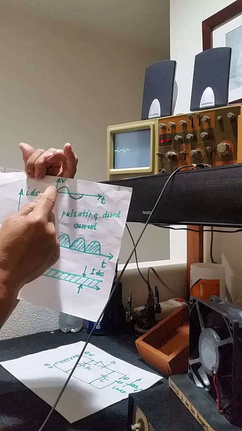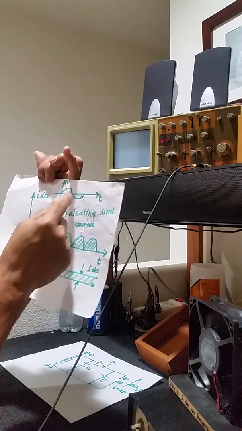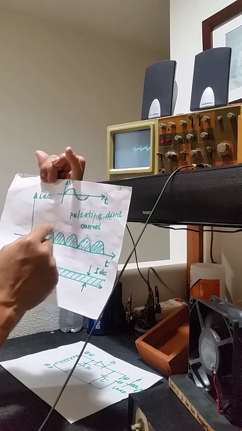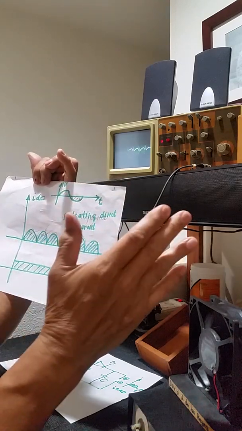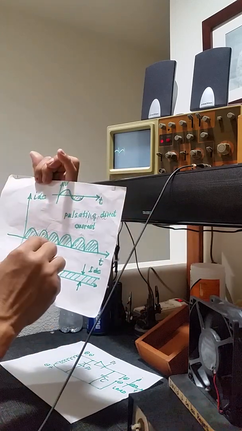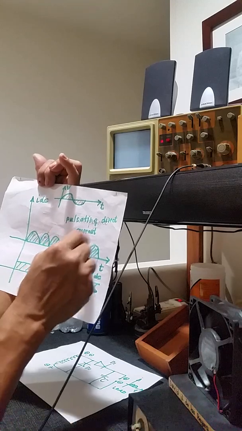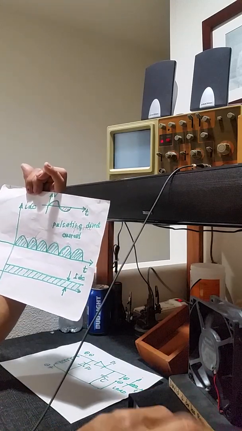During the positive alternation, this is the output current. During the negative alternation, this is the output current. And as the process repeats itself, it keeps on giving a pulsating direct current. And actually, that's the output of this power supply.